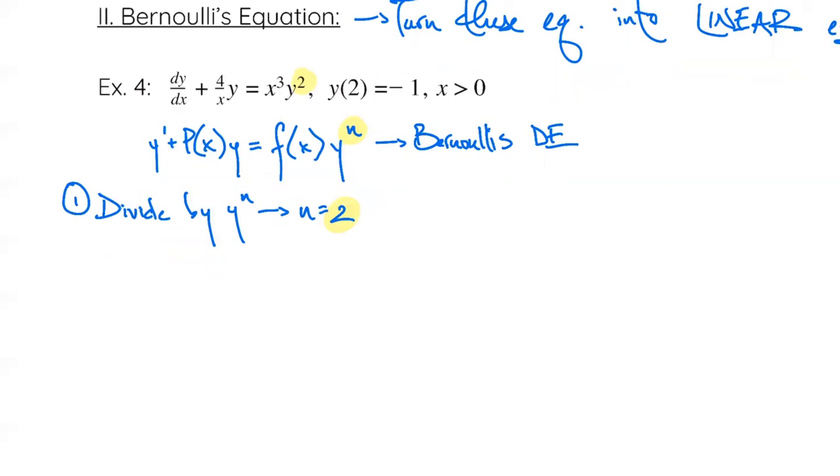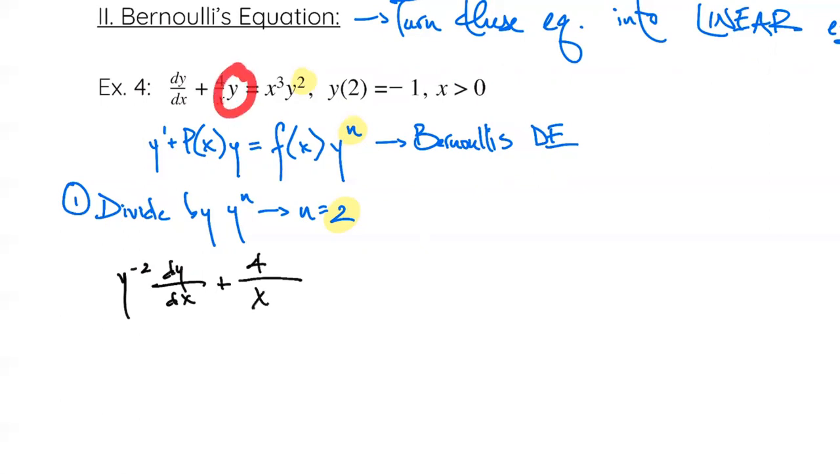So we divide, we get y to the negative 2 dy dx plus 4 over x, that part stays.